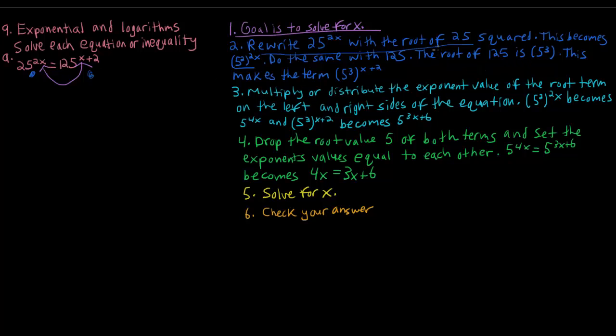So the root of 25 ends up being 5 to the second, or 5 squared, to the 2x, because 5 squared is 25. Do the same thing for 125, and you get 5 cubed, to the x plus 2.